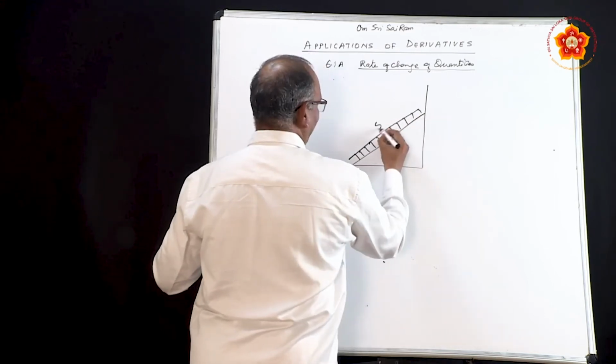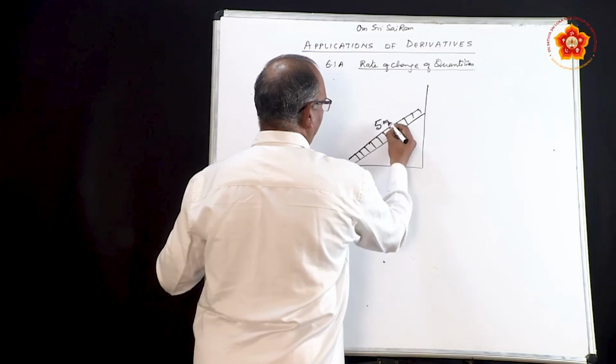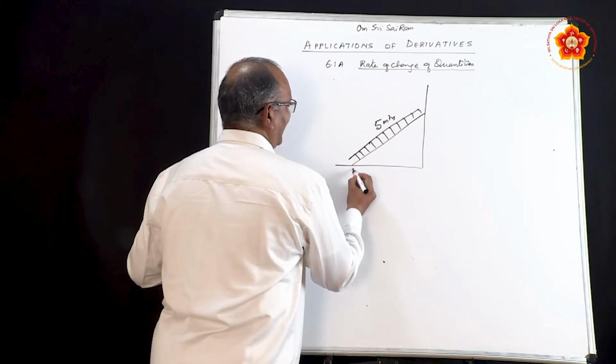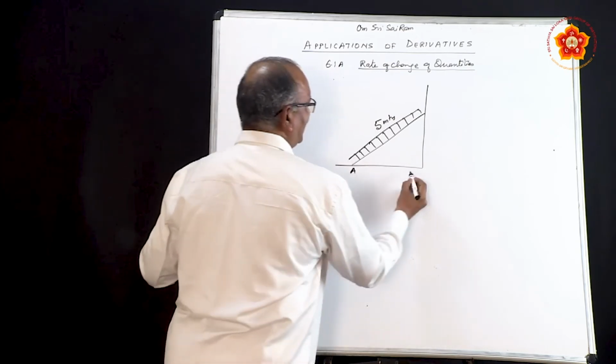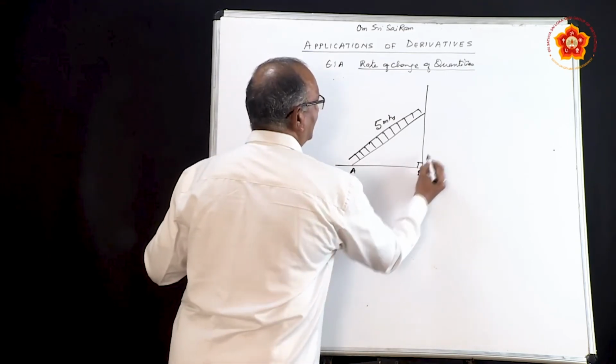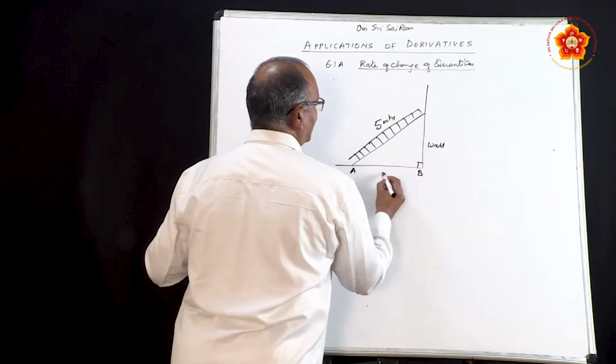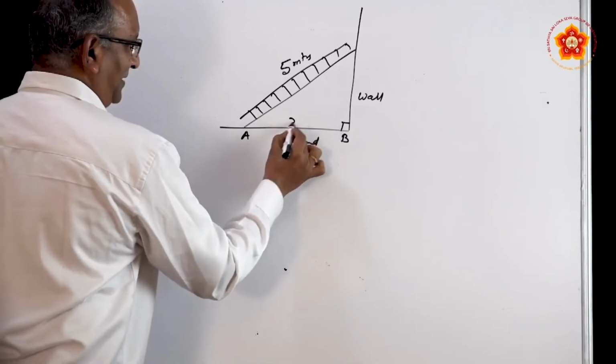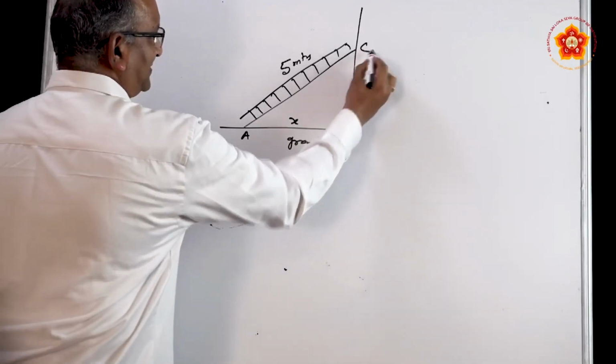The length of the ladder is 5 meters. Let us say this is the part where the ladder is touching the ground. This is the wall, this is the ground. Assume that this AB is equal to x and this BC is equal to y.